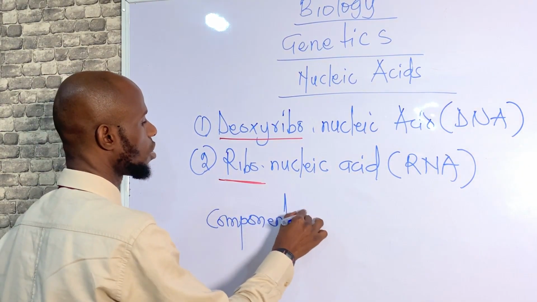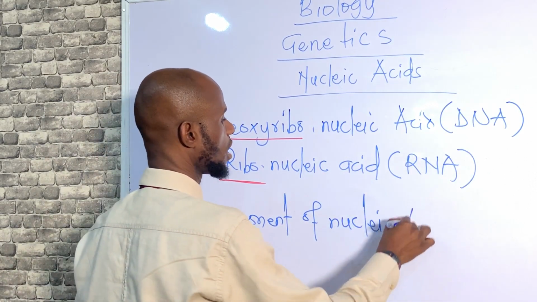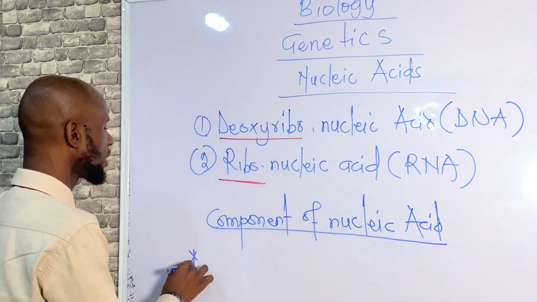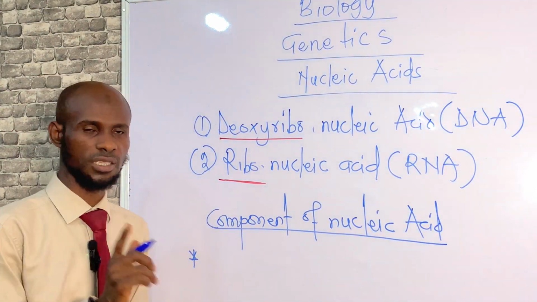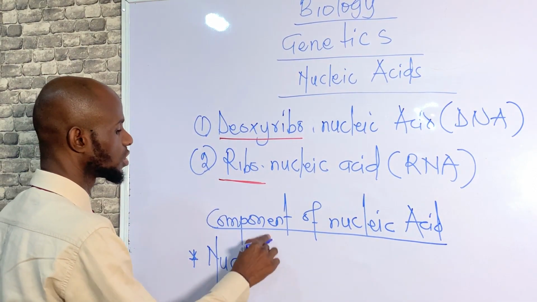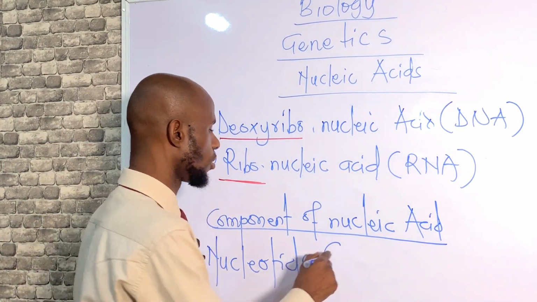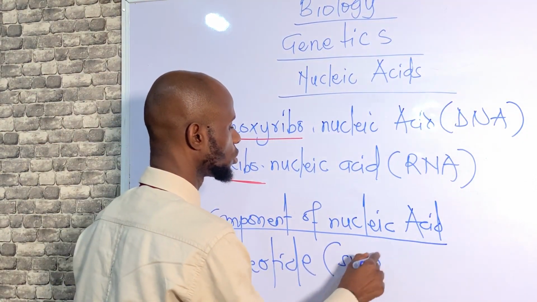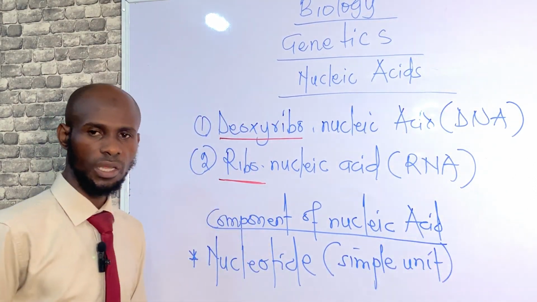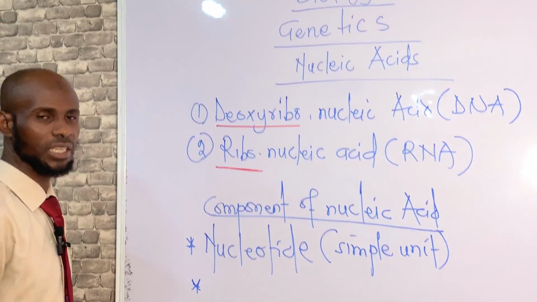Okay, so let's look at the components of the nucleic acid now, either RNA or DNA. The major component of nucleic acid is what is called the nucleotide. It is the simple unit of nucleic acid.